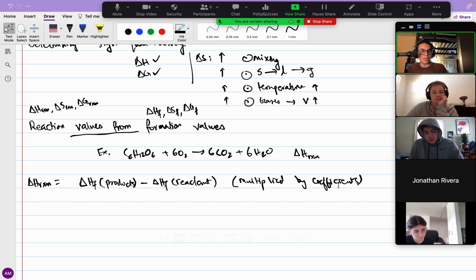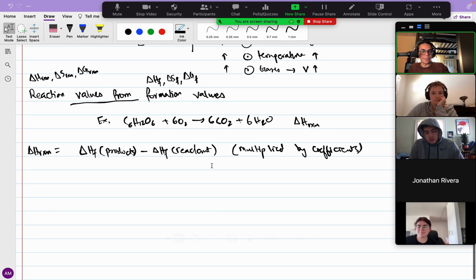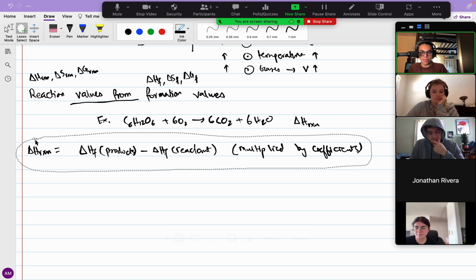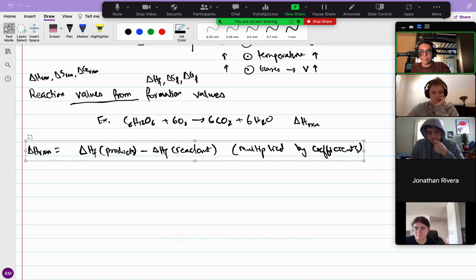The coefficients from the chemical reaction. So each formation value is multiplied by the corresponding coefficient. You might have seen a more complicated looking formula in your book, products minus reactants with coefficients. I think it looks scary and complicated. It doesn't need to be. And the nice thing is the same exact formula holds for entropy and free energy.